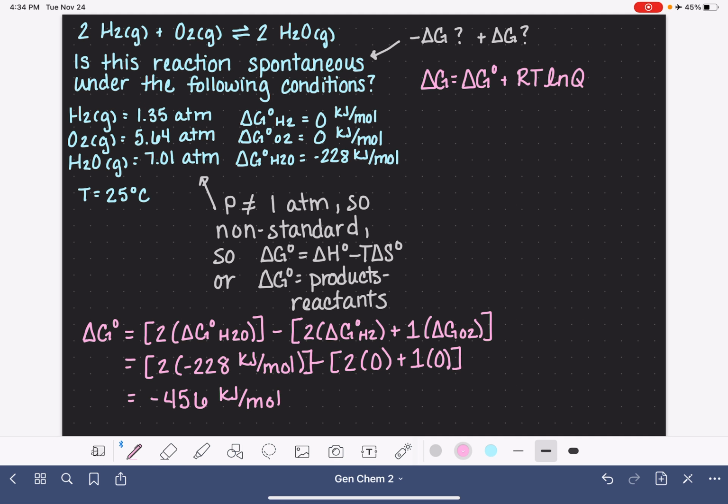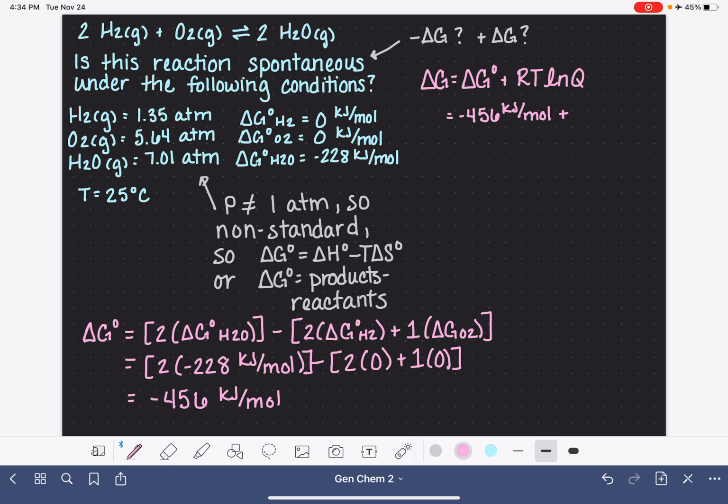So there is our delta G standard, and I'm going to take this number right here and start filling this equation in. So negative 456 kilojoules per mole.